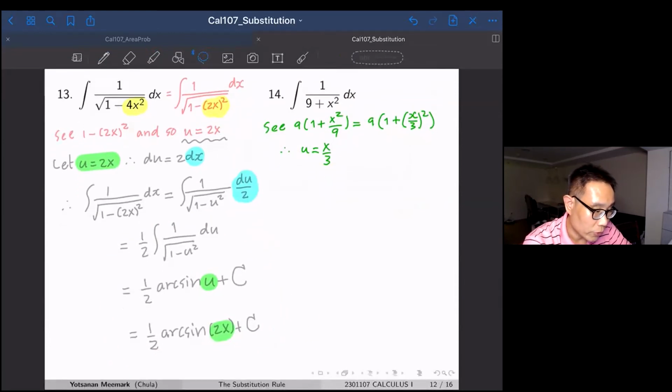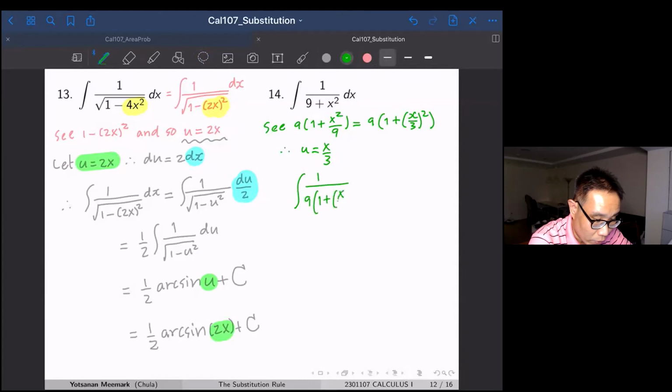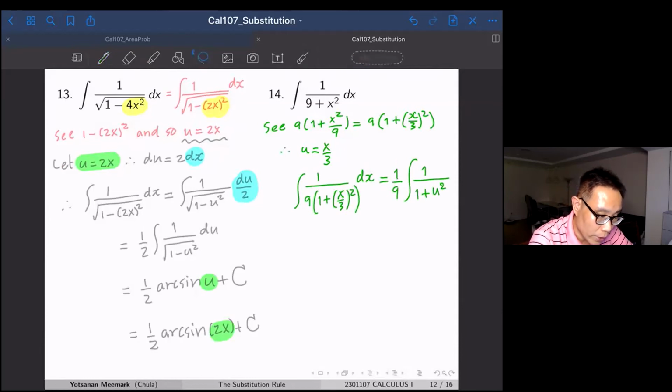For number 14, you must write the bottom guy. The bottom turned out to be 9 times 1 plus x over 3 squared, dx. I can pull out 1 over 9 outside, and you're going to have 1 over 1 plus u squared. You need to know what dx is, so you need to differentiate.